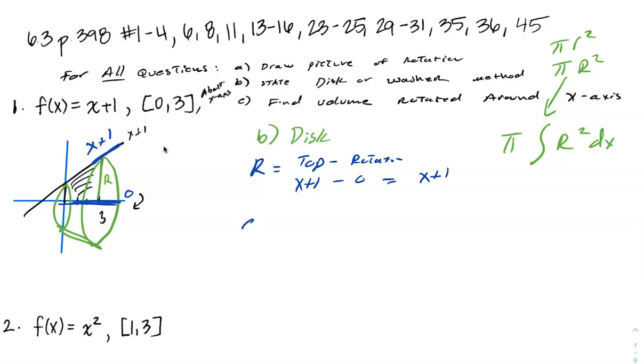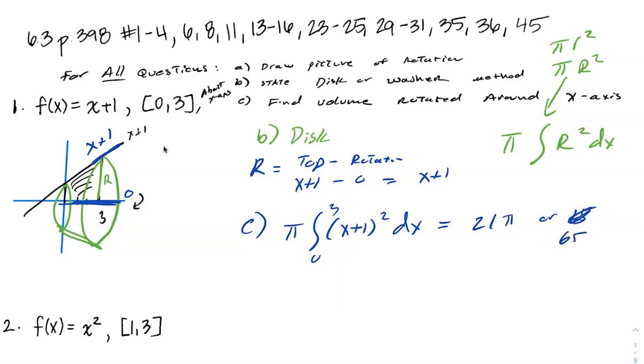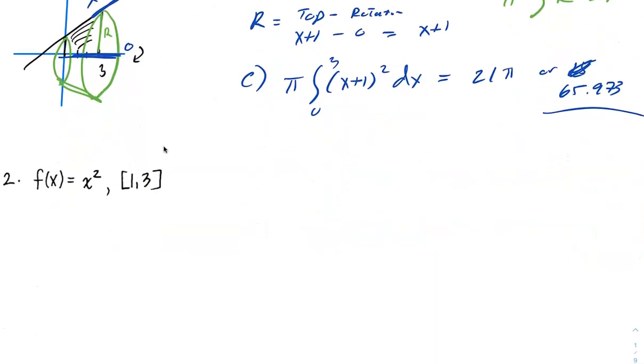Putting it in the formula, I get pi times the integral of x plus 1, squared, from 0 to 3 dx. That gives 21 pi by hand, or on your calculator, you get 65.973, rounded to 3 decimal places. So that's the idea.